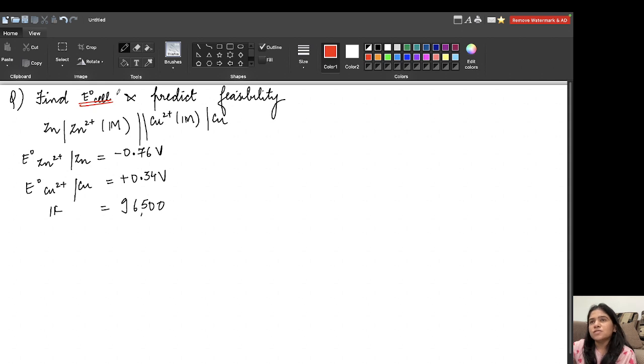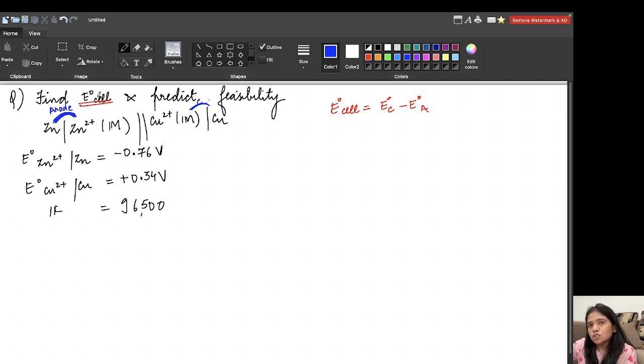So you remember, first we need to check what is cathode and what is anode. How do we find the E naught of the cell? Just remember this formula: E naught of the cell equals E naught of cathode minus E naught of anode. First check which is cathode and which is anode. Here oxidation is happening, right? Wherever oxidation happens, that's your anode. Wherever reduction happens, that's your cathode. So we now know what is anode and what is cathode.